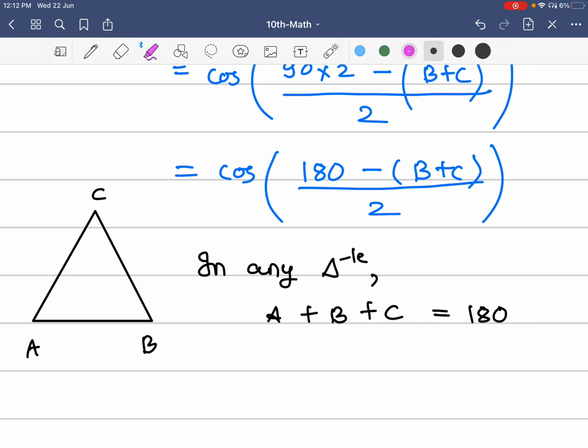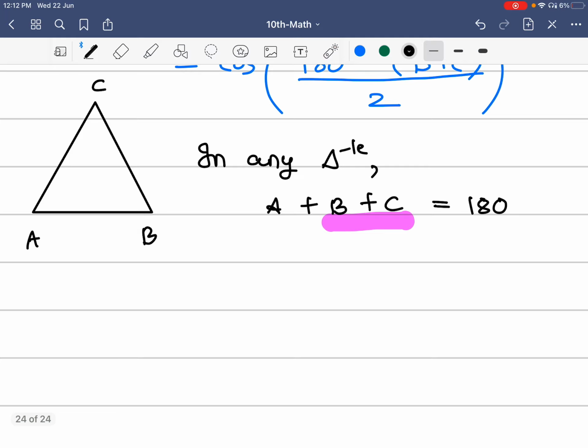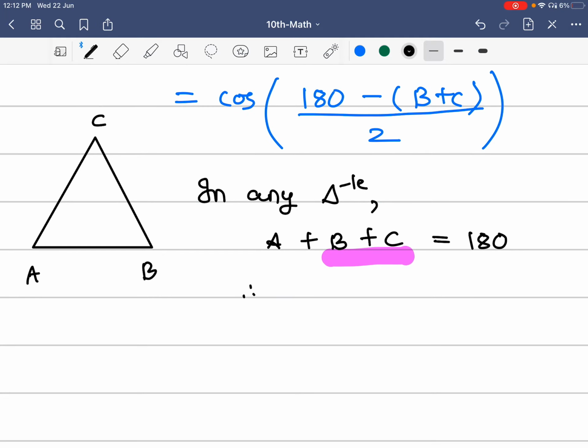Which means, if you focus on this B plus C and take it to the right hand side of the equation, therefore A will be equal to 180 minus (B plus C). So angle A is equal to 180 minus (B plus C), and that is the exact expression we have here in our numerator.